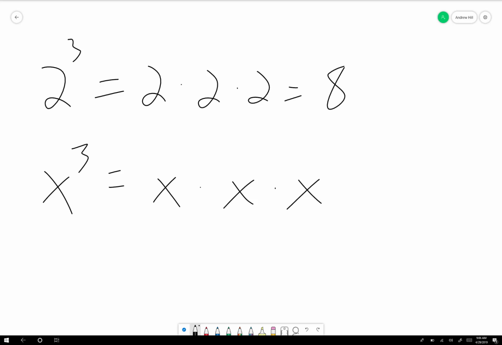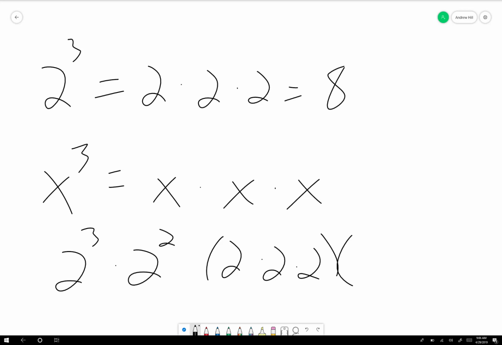If we had something like 2 cubed times 2 squared, we understand that that's 3 2's multiplied together, also multiplied by 2 2's multiplied together, which is also 5 2's multiplied together, and that's 2 to the 5th.